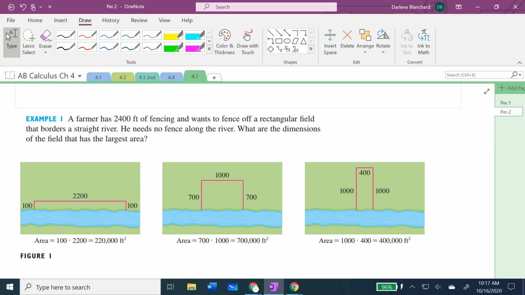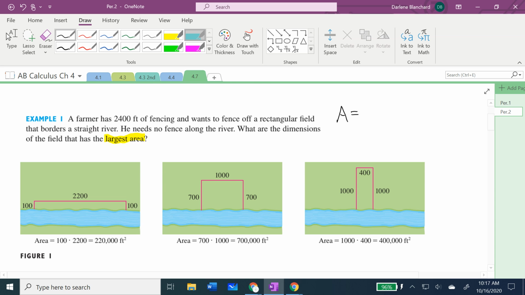Your first goal on these problems is, what are they asking me to optimize? Get a formula for what you're trying to optimize. The area of a rectangle is the multiplication of its two dimensions.